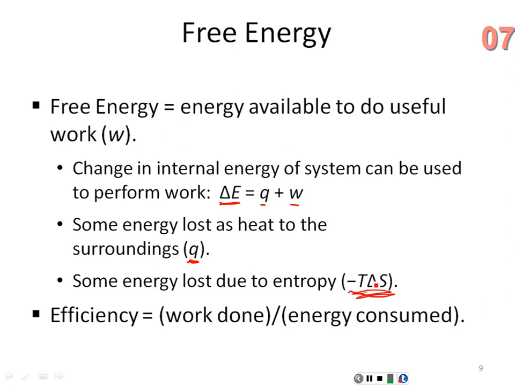And this again is a factor that involves Q. So the amount of energy that's left to do work is less than the total energy. And there's a term for this we can use, efficiency. And efficiency is the work done divided by the energy consumed. So the work done divided by the total energy that would be available.